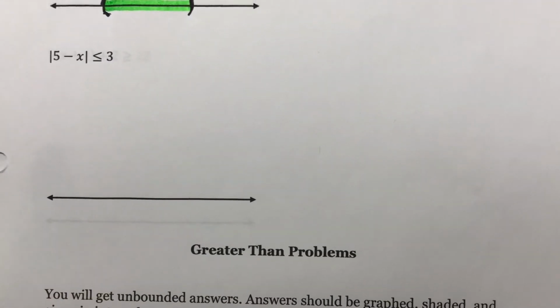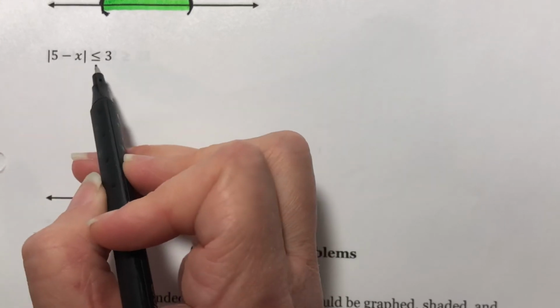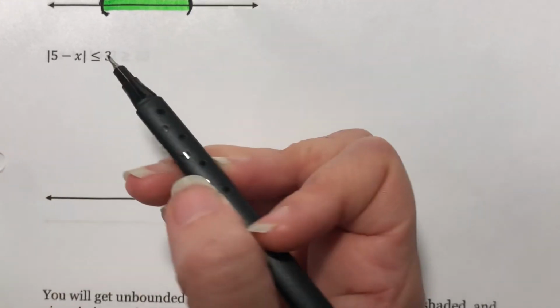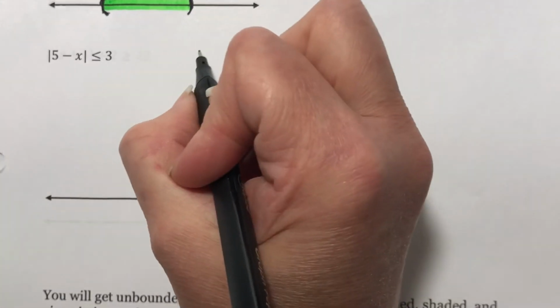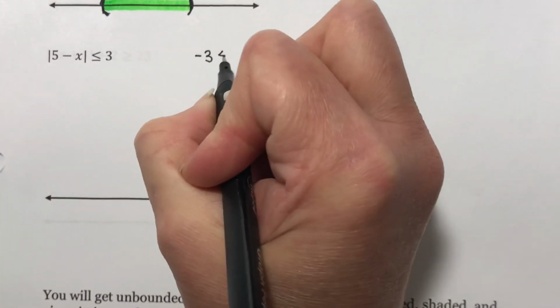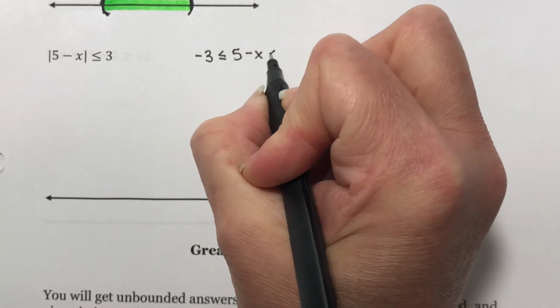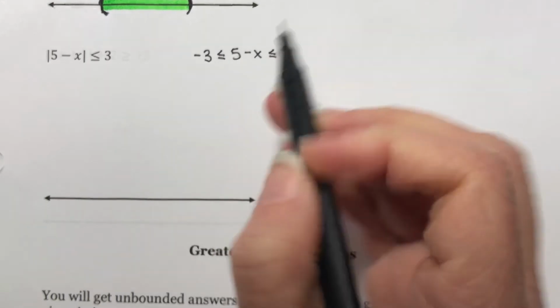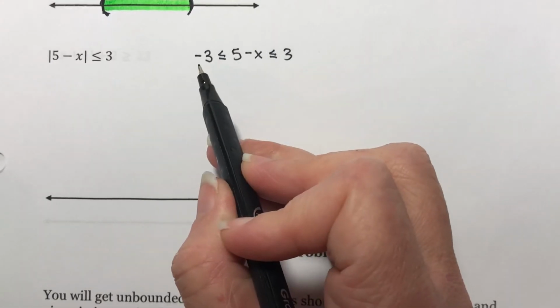Okay, so let's try absolute value of 5 minus x is less than or equal to 3. Okay, so I'm going to write -3 less than or equal to 5 minus x is less than or equal to 3. So I have what's inside the absolute value, and then the positive version, and the negative version.